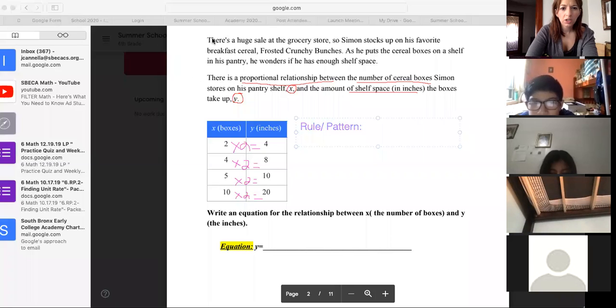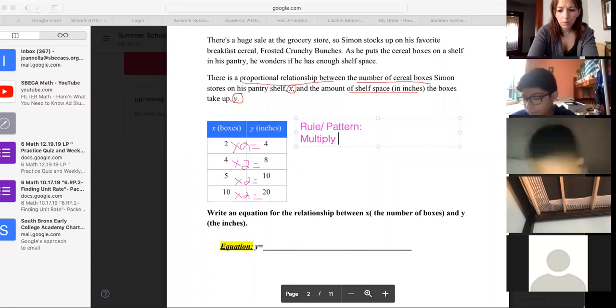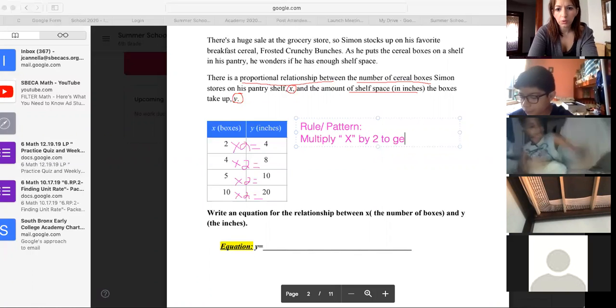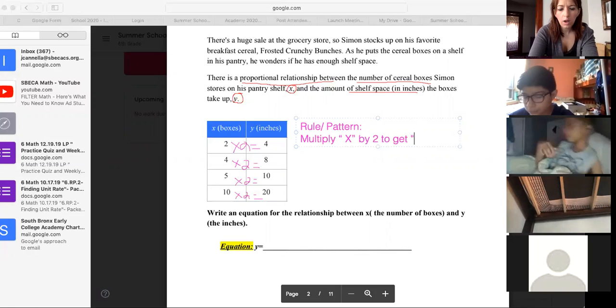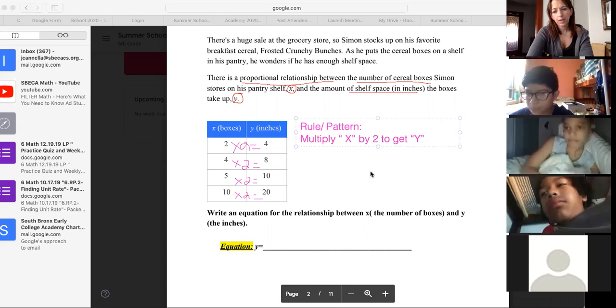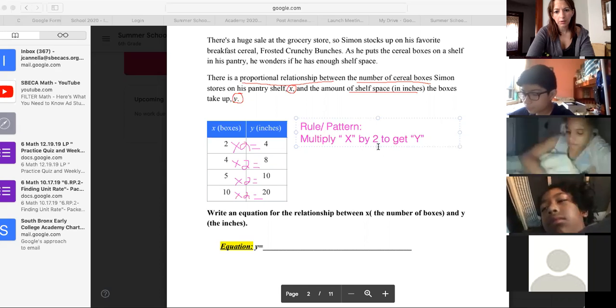Okay. We're going to multiply X by 2, this is the rule, to get the Y. Every table has a pattern.